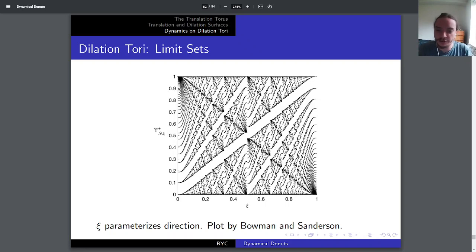But in fact, we kind of have two Cantor sets, right? Because there's a Cantor set of angles where if you take the cross sections at those angles, then you also get a Cantor set on the vertical axis. So it is kind of a crazy plot. This is the sort of thing that you can find in just this really, really, really simple surface, the dilation torus.